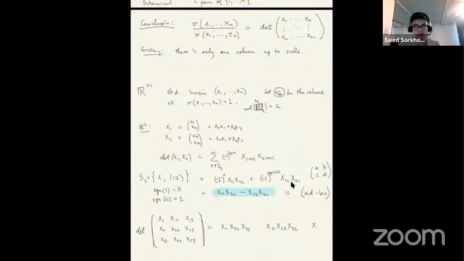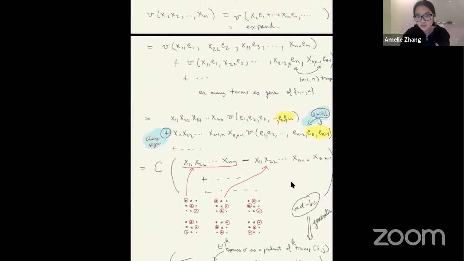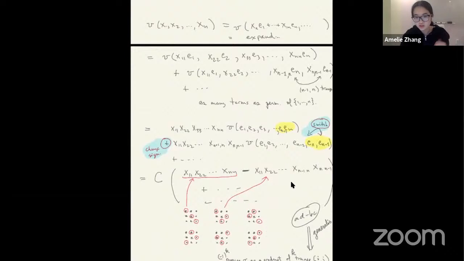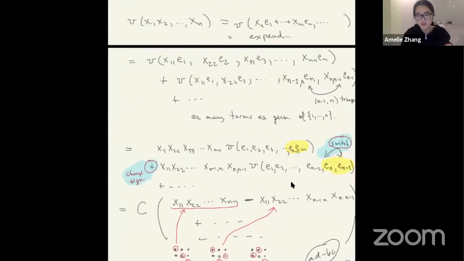Emily, you have a question? So I just want to confirm something with the part where we switch standard basis vectors and the sign changes. Basically you can pick any of the E1, E2, all the way to EN, and switch them, and the sign will always change. The only thing I can tell from your question is that you're confused about the signs.